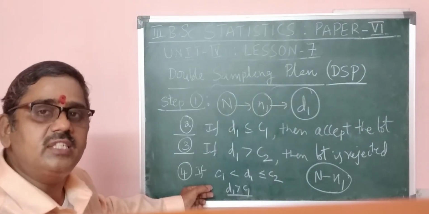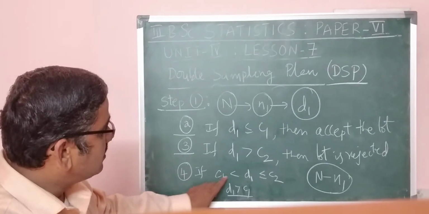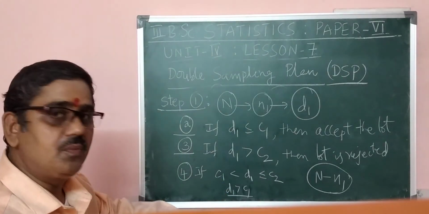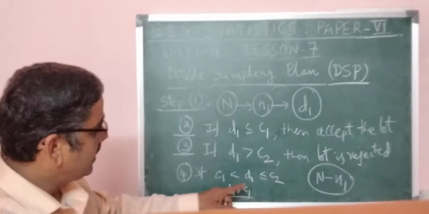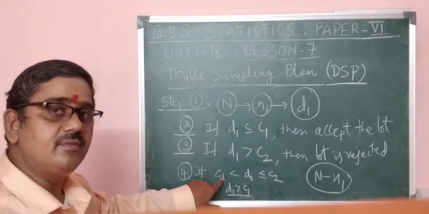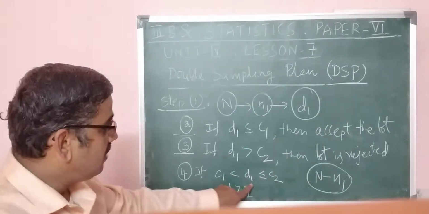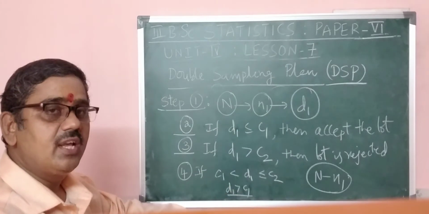When do you consider it? If C1 is less than D1 less than or equal to C2. That is, D1 must be greater than C1 and D1 must be less than or equal to C2.